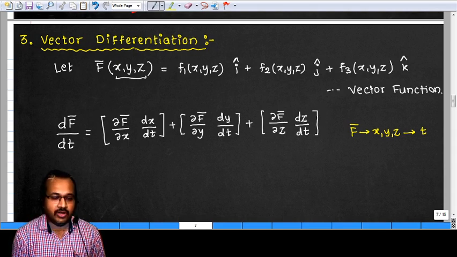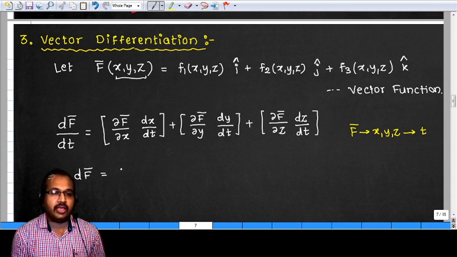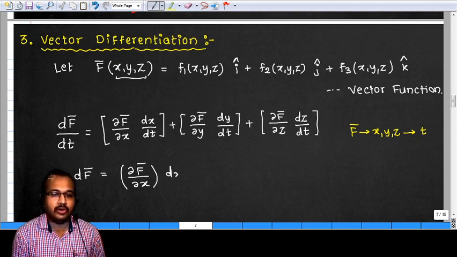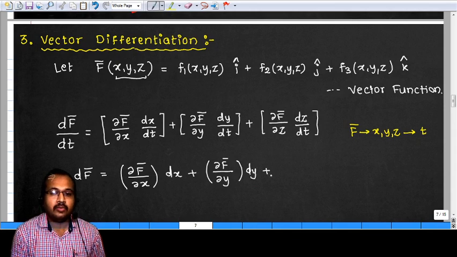So we can generalize: derivative of f bar can be simplified as partial derivative of f bar with respect to x into dx plus partial derivative of f bar with respect to y into dy plus partial derivative of f bar with respect to z into dz.